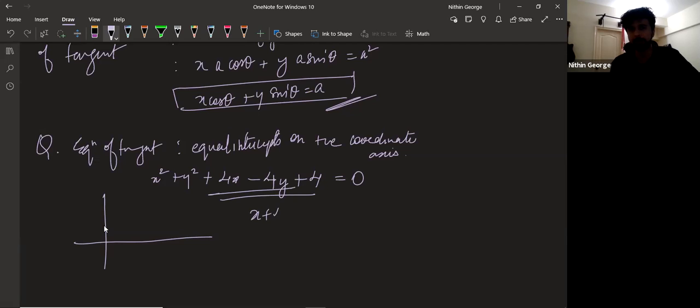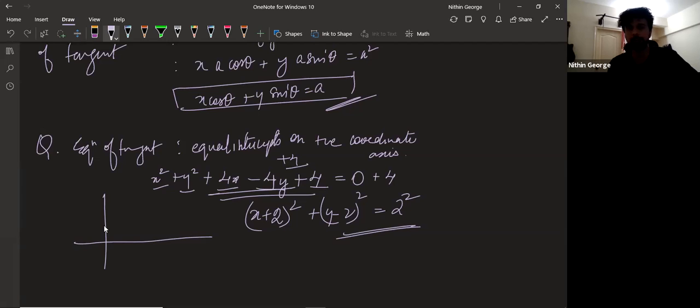It can be written as x plus 2 the whole square plus y minus 2 the whole square equal to 2 square. I add 4 here and I add 4 here. So x square plus 4x plus 4 is one complete square and y square minus 4y plus 4 is another complete square. This is what I get as the equation of the circle. How do I find the equation of the tangent?